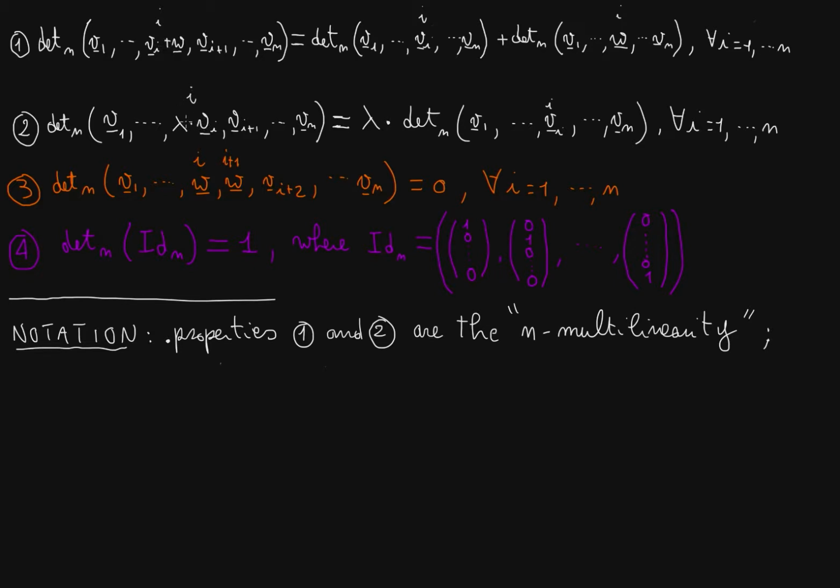Here we have precisely this, but it just regards one of the n arguments of the function determinant n. If these linearity properties regard all of the n arguments, then we are talking about multilinearity, because it is linear in each of the arguments, and the arguments are more than one. N specifies the number of arguments that this function has.